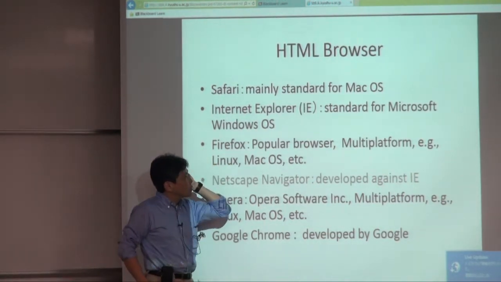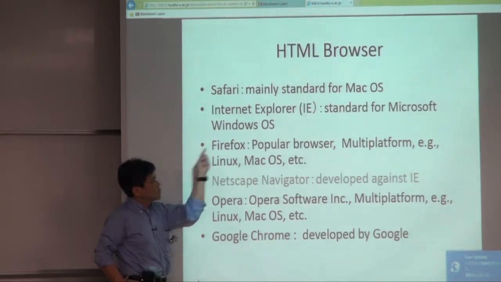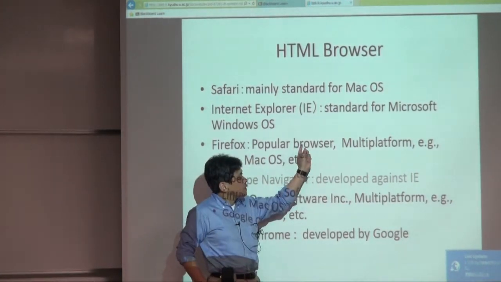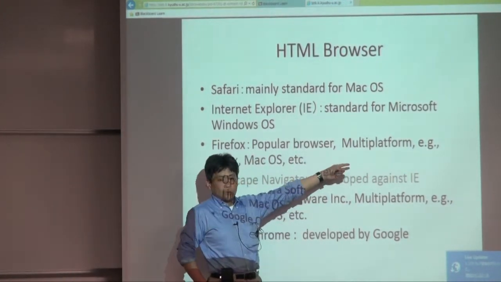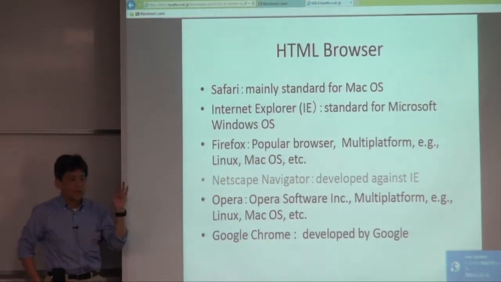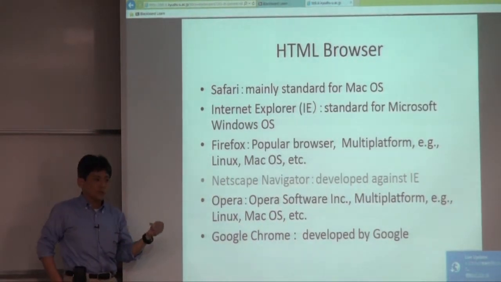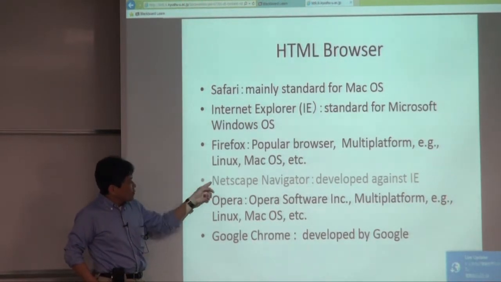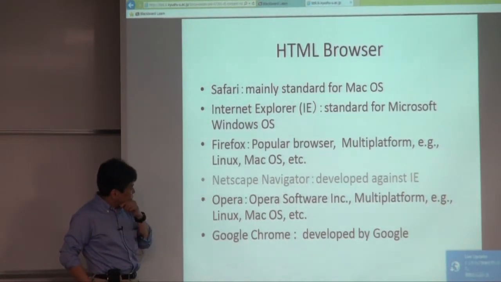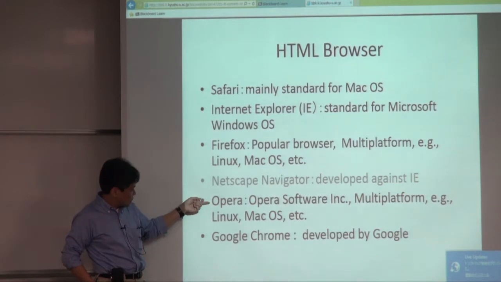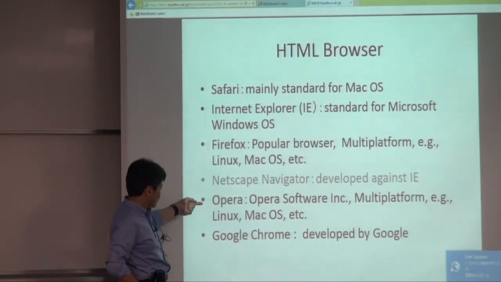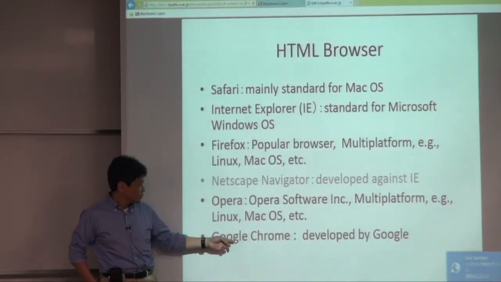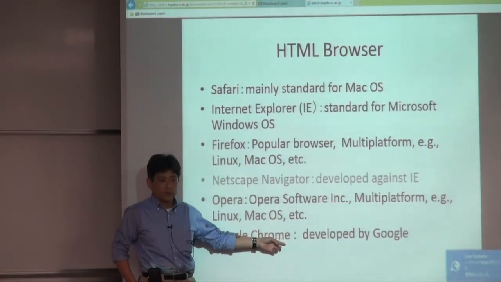This is a very popular browser because it can run on any platform: Windows, Macintosh, Linux, and so on. Netscape is the old version, and there are Opera and Google Chrome. Recently, Chrome became very popular. Okay.